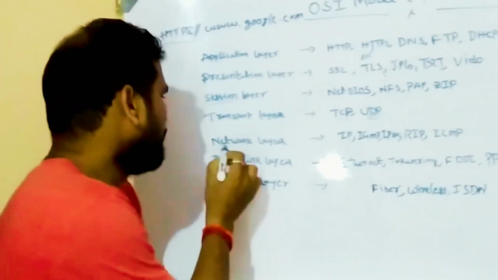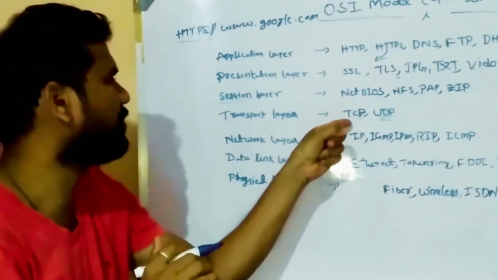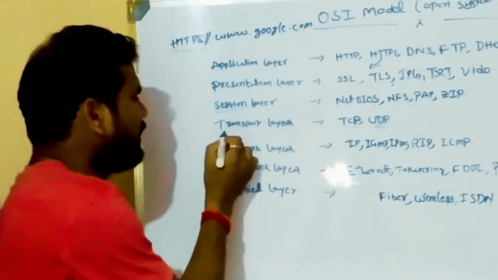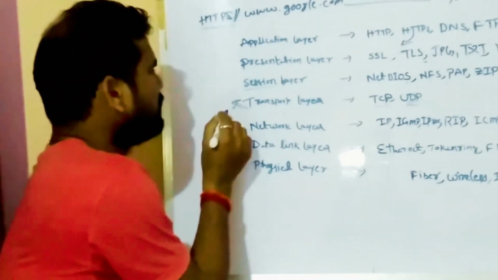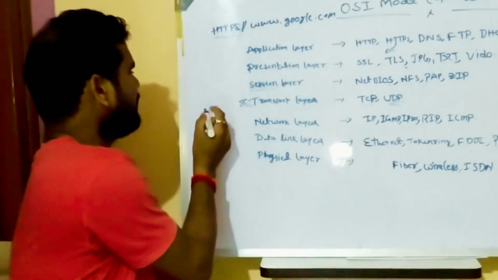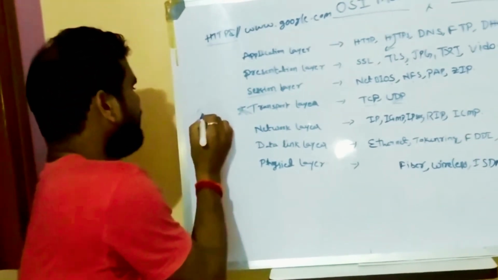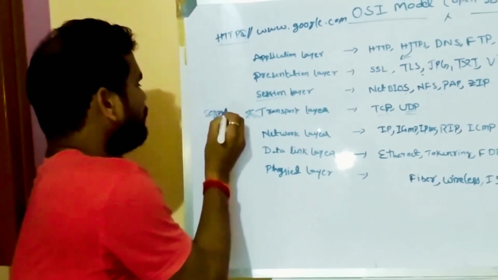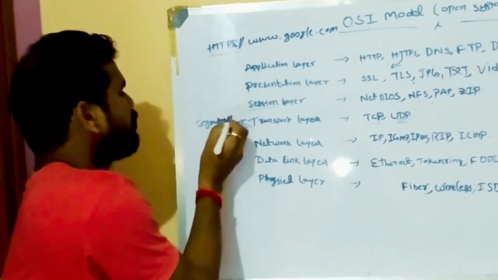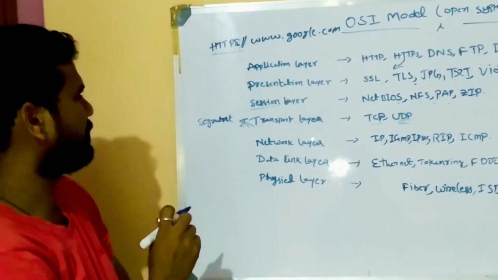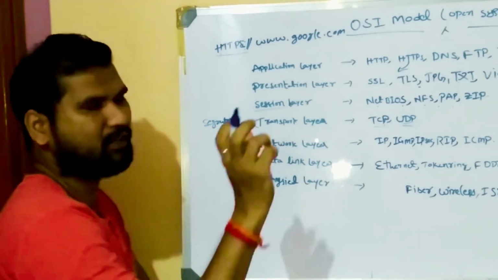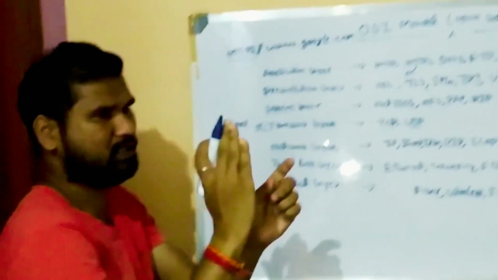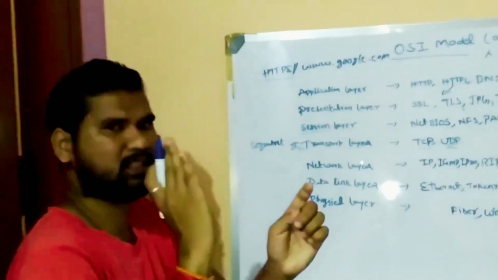And coming to the network layer. In the network layer, the TCP data is in the form of segments.